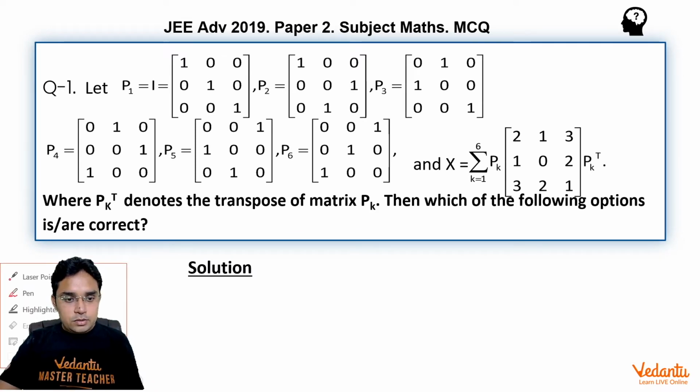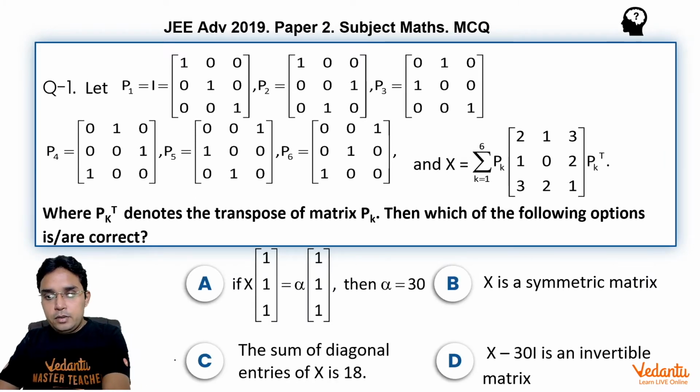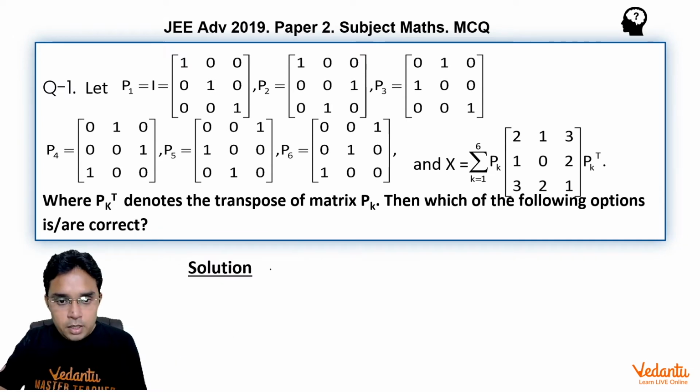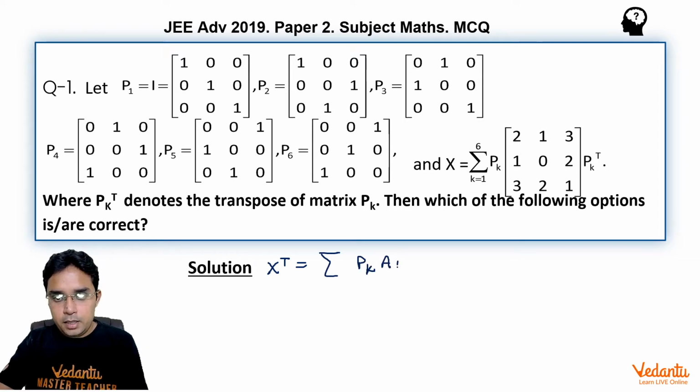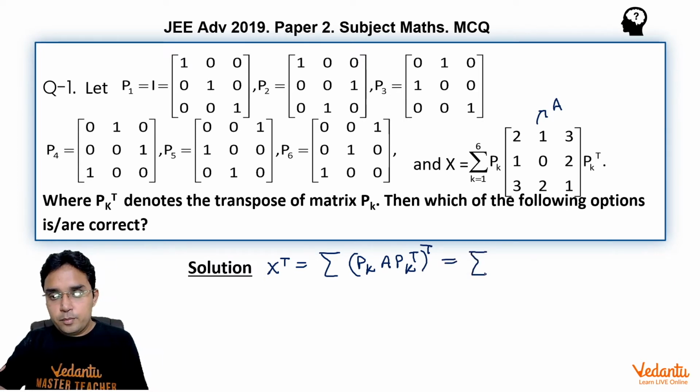First I will solve for the B part to find whether X is symmetric or not. So let us take X transpose and write this as Pk into A into Pk transpose, whole transpose. I am writing this matrix as A. By the property of order reversal, when taking the transpose of a product of two or more matrices, this becomes (Pk transpose) transpose, A transpose, Pk transpose.